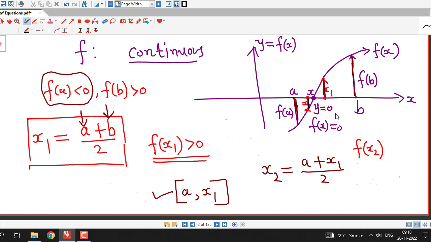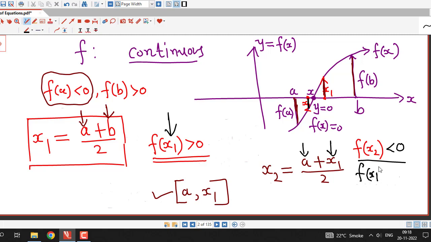So now we can observe that f of x2 is negative. So now x2 is the average of a and x1. So we will check for which point the function has a positive sign. f of x2 is negative. So I have to check whether f of a is positive or f of x1 is positive. And here we have that f of x1 is positive.